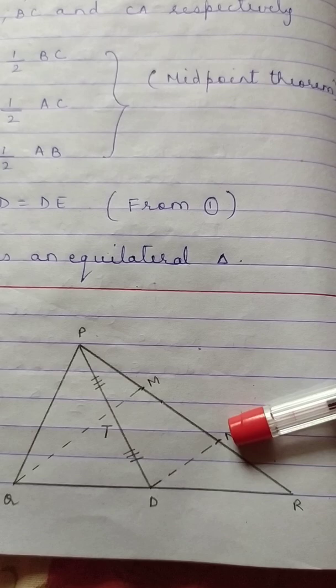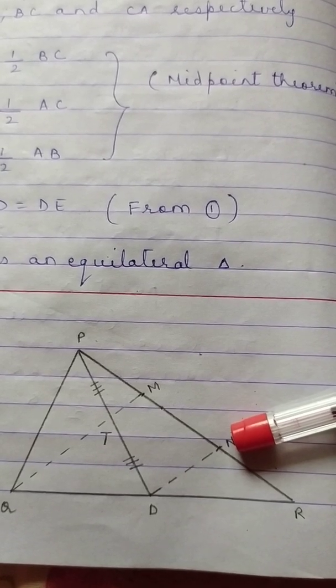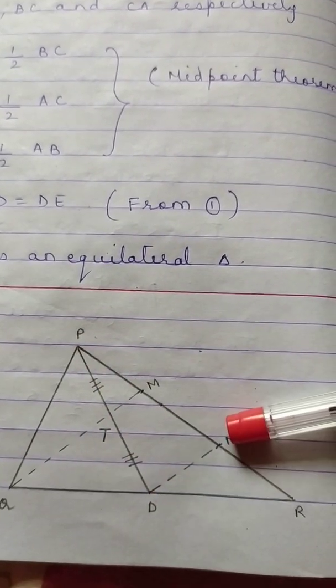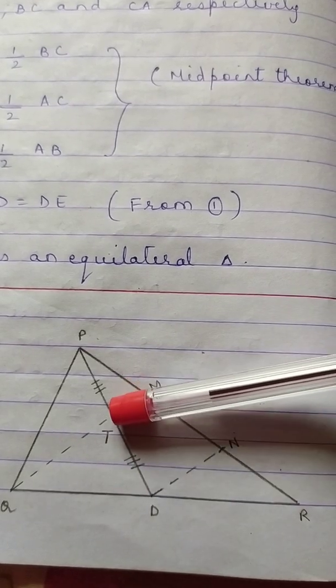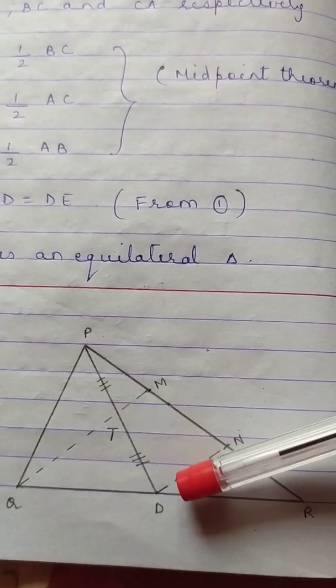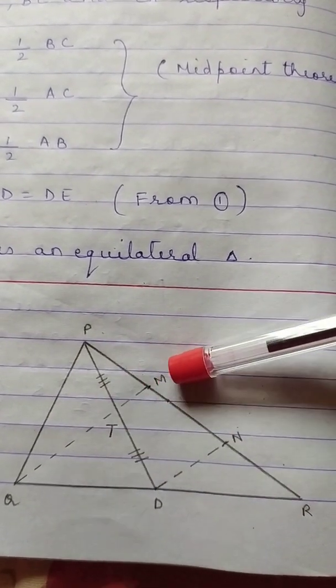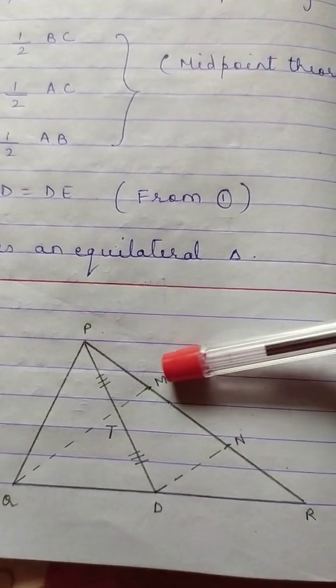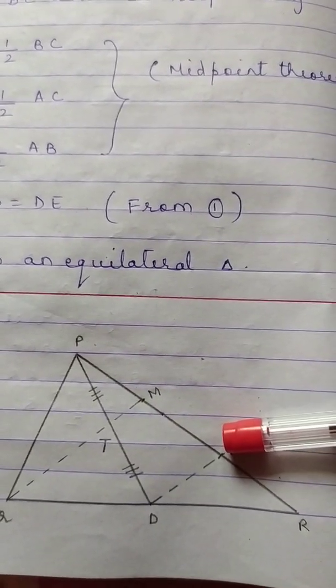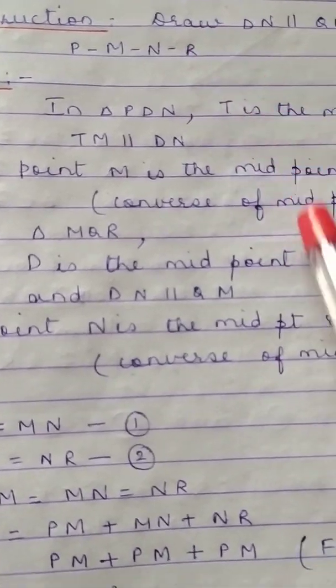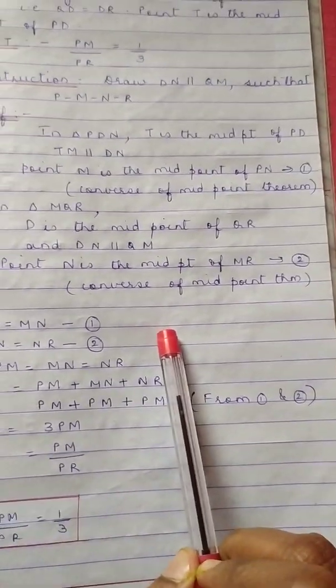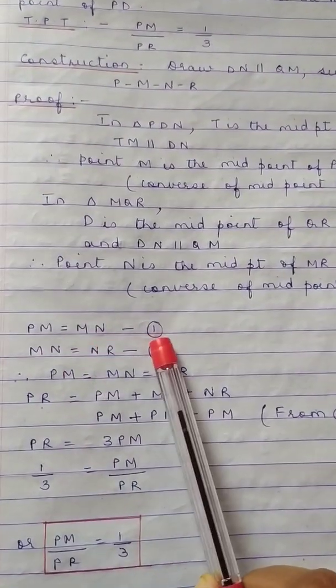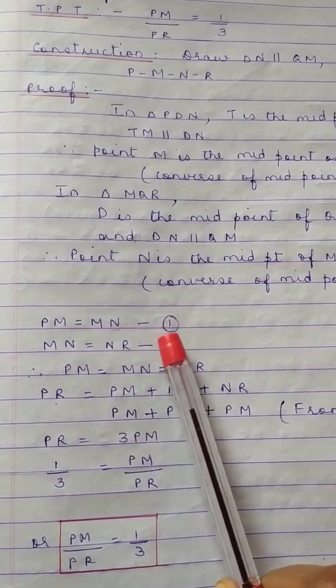So from there, what do I infer by the converse of the midpoint theorem? You're drawing a line from the midpoint of one side, it is parallel to the second side, I know it bisects the third side. Therefore, I get PM is equal to MN. Write it as equation number 1.